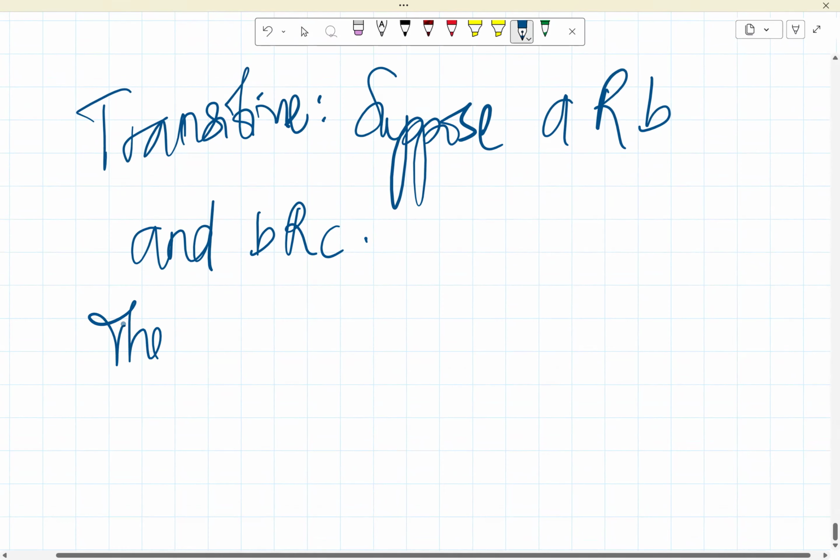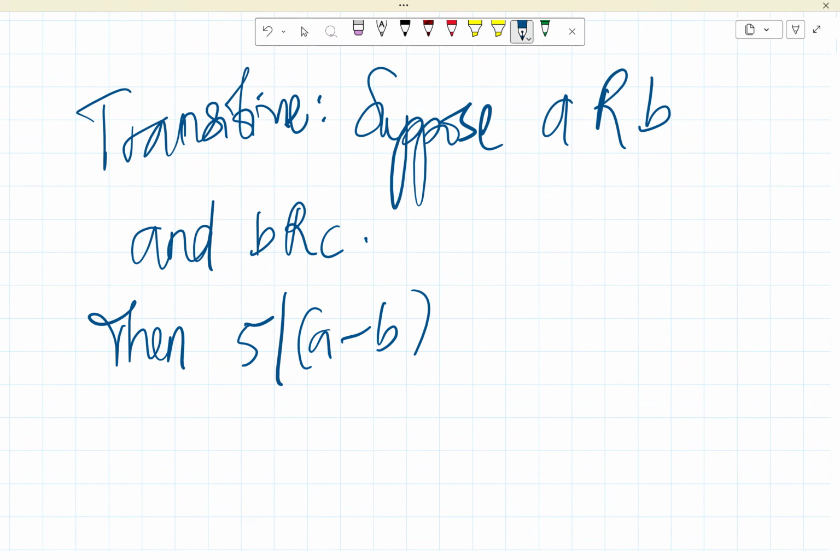So here, 5 divides A minus B, established, and 5 divides B minus C.